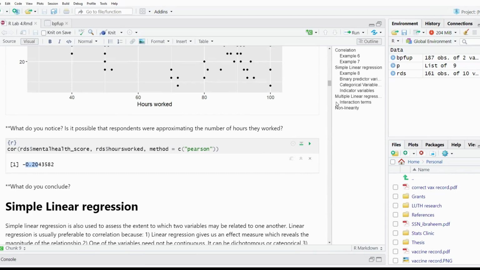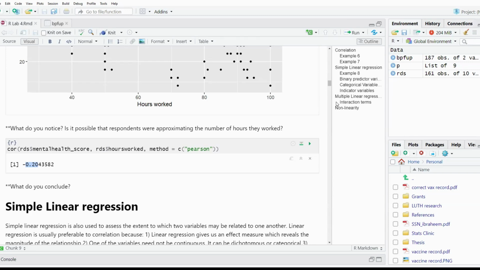But sometimes you want to be able to examine the relationship between a predictor variable that is categorical with a response variable that is continuous. And in those cases, the correlation cannot do that. That's one.